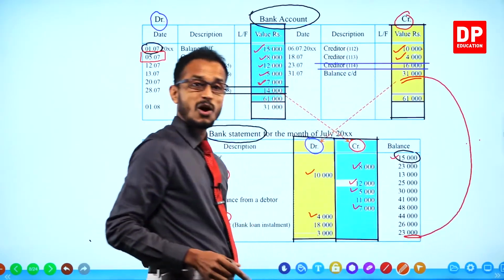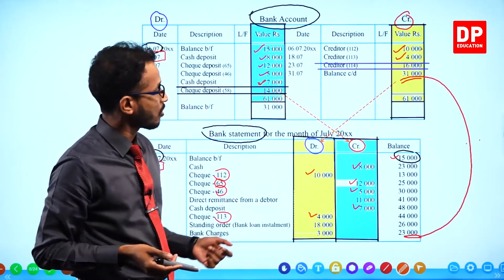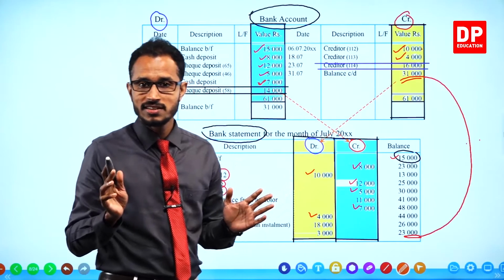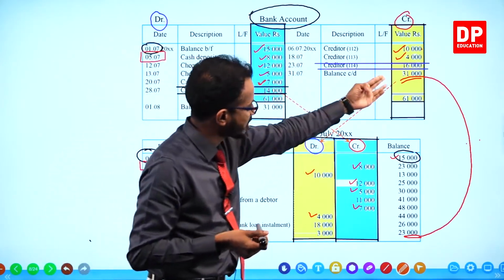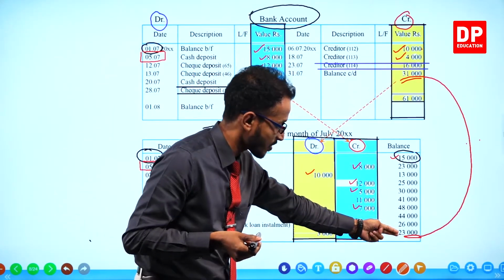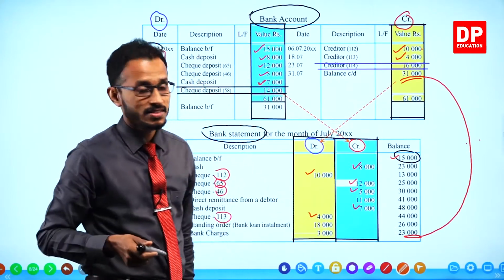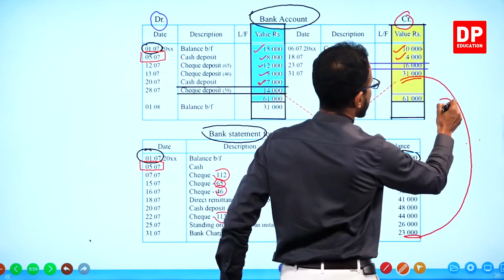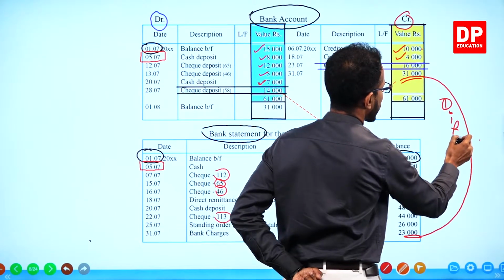These 2 are the problem makers of this situation. This situation is caused to us because these 2 final balances are different. The troublemakers. Okay? Different.